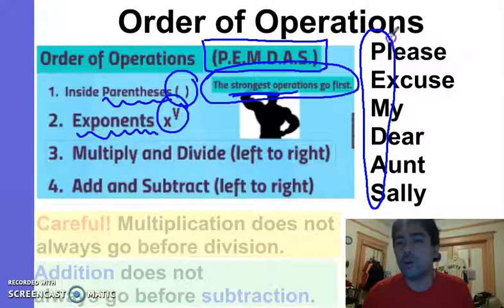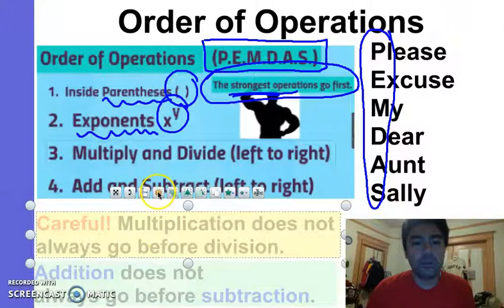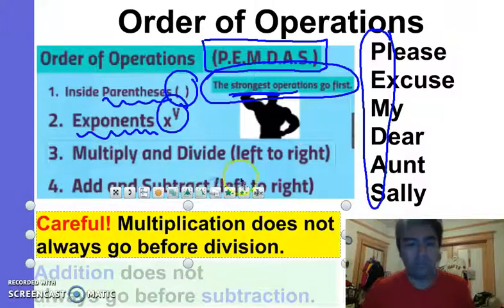It's just one way to memorize it, but you want to try to memorize PEMDAS. But you also have to be careful because there are two things you need to remember when you're memorizing PEMDAS.